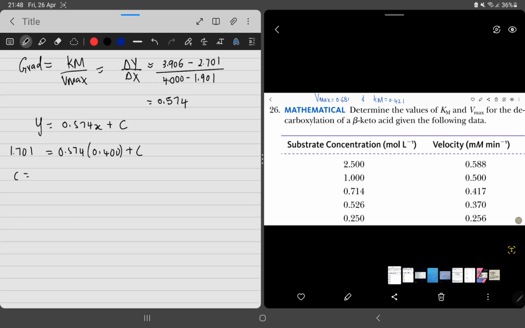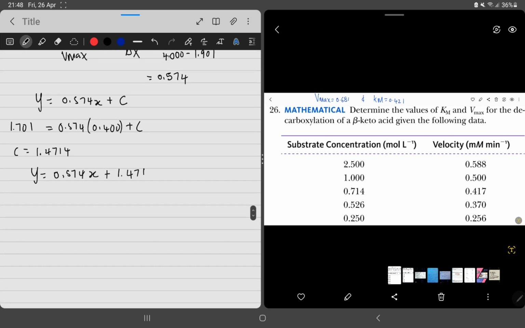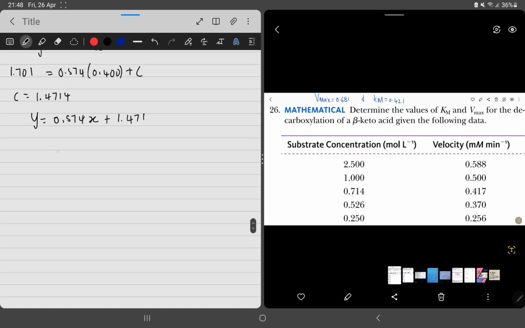So my y-intercept is 1.701 minus 0.574 multiplied by 0.4. So this is 1.4714. So the equation of a straight line is 0.574x plus 1.471. Okay, so we said that the y-intercept is given by 1 over Vmax, which is 1.471.